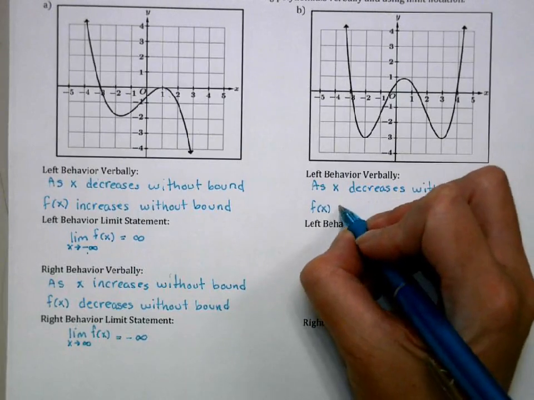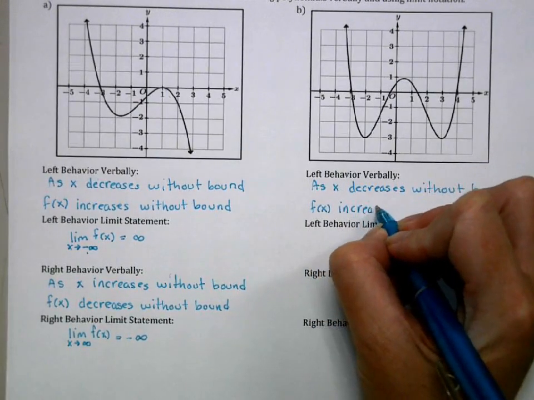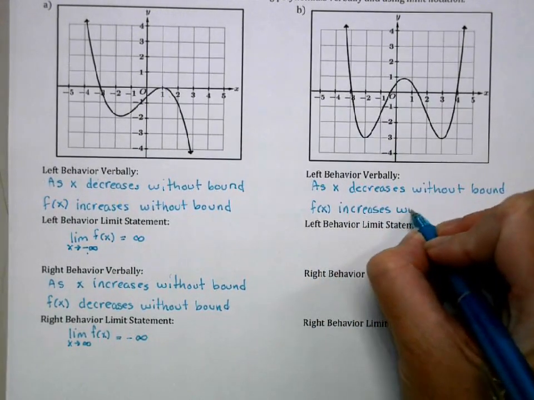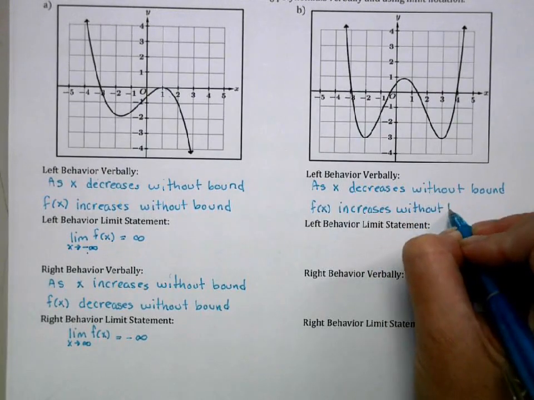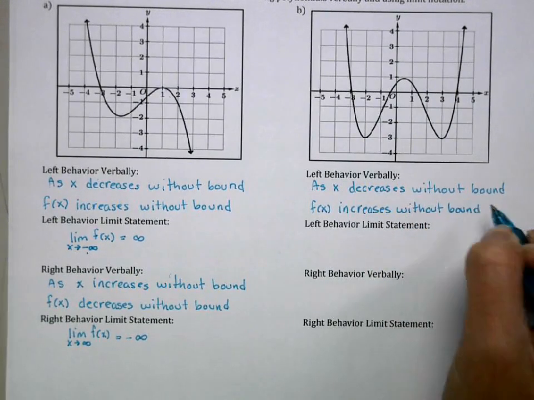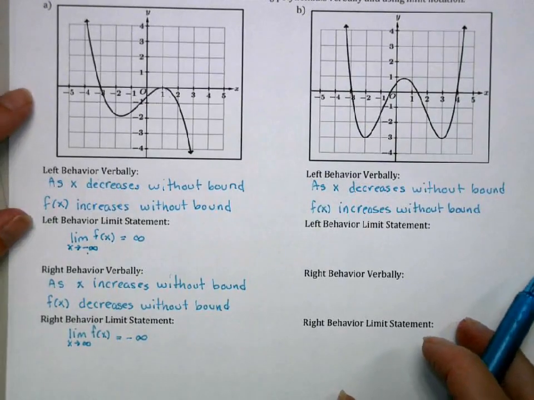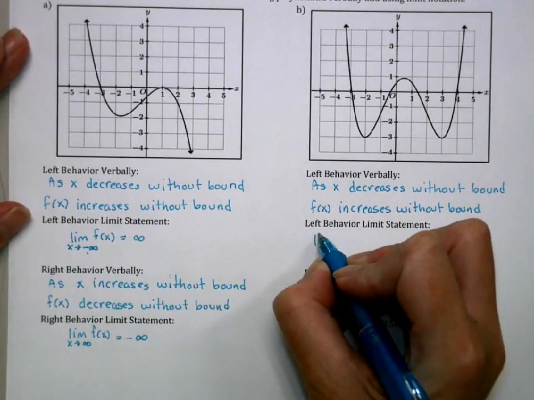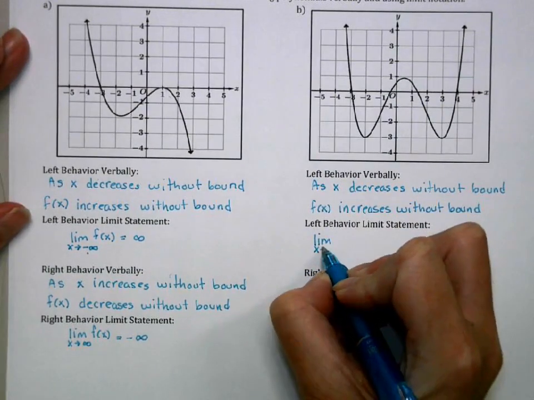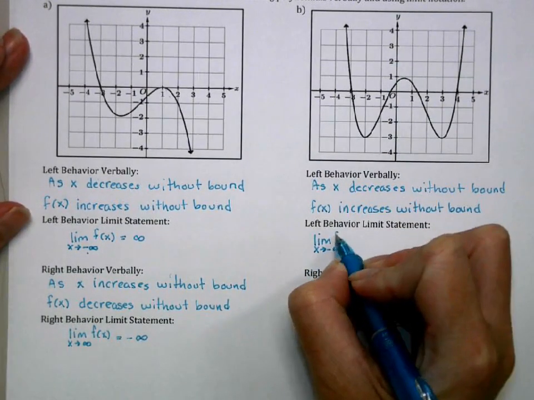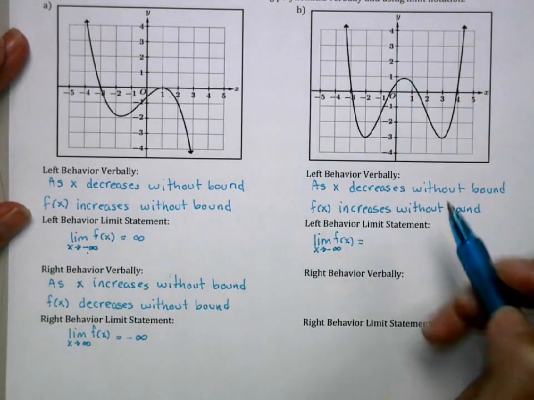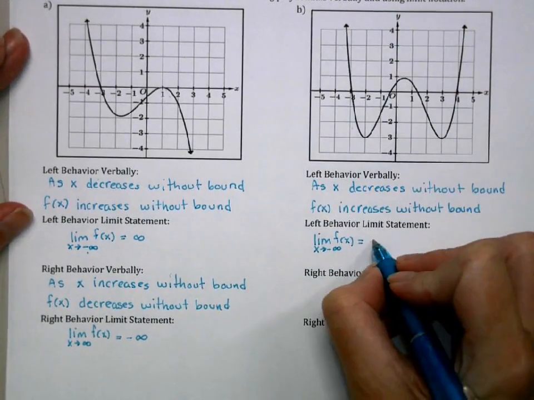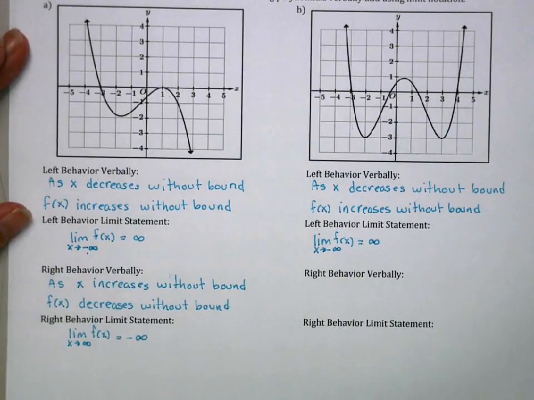So f of x increases without bound. For the limit statement, it's always the limit as x goes to negative infinity, and I'm going to say f of x. Since they're going up, we're going to positive infinity.